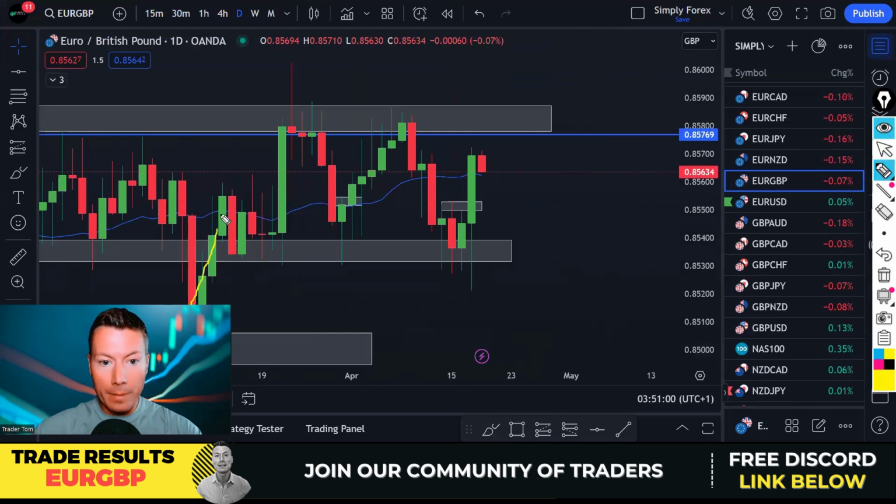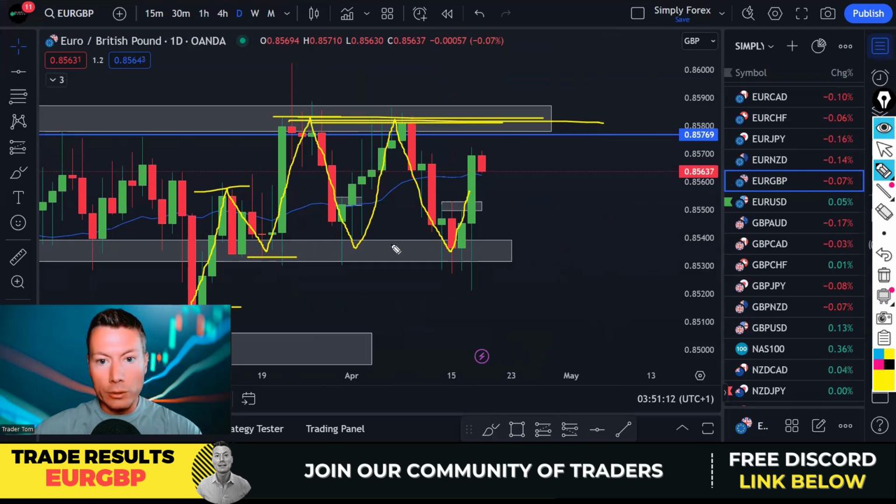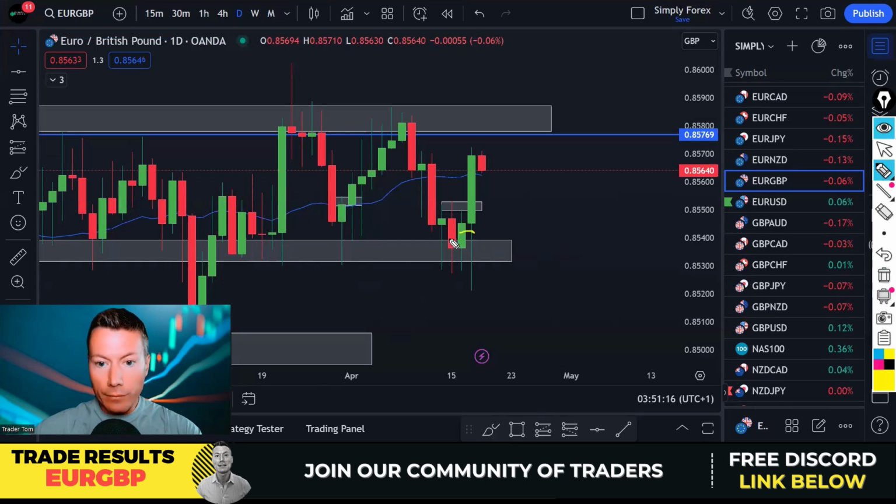If you remember, we were in an uptrend slash range, so higher highs, higher lows, but we're in this range as well between here and here. It made sense for us to buy from the bottom of the range and take price back up to this level. And this will still be a good trade idea for today because it still has some room to move into.